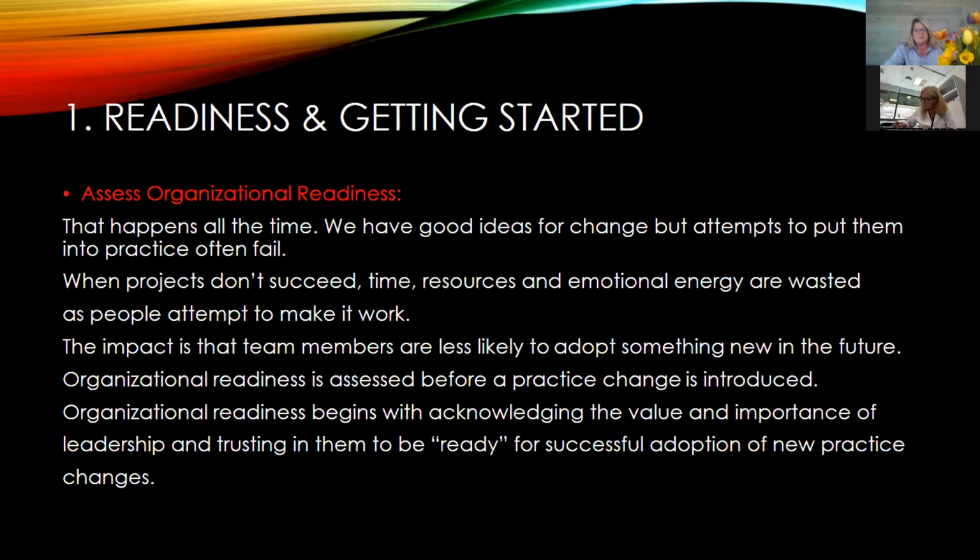The impact is that team members are less likely to adopt something new in the future. Organizational readiness is assessed before a practice change is introduced. Organizational readiness begins with acknowledging the value and importance of leadership and trusting in them to be ready for successful adoption of a new practice change.